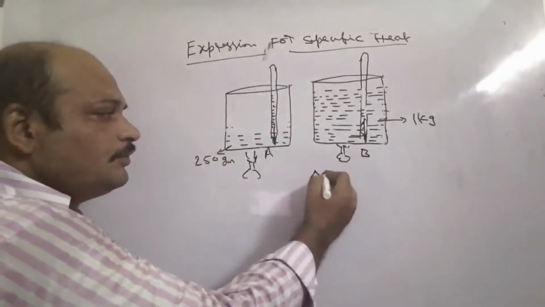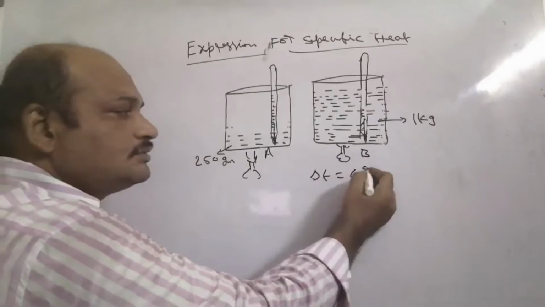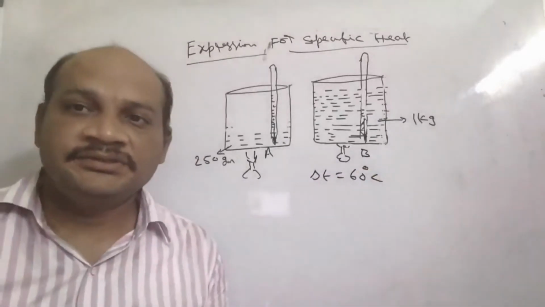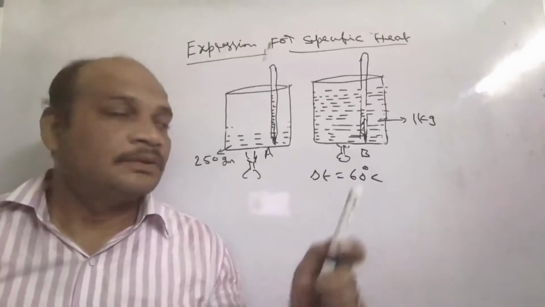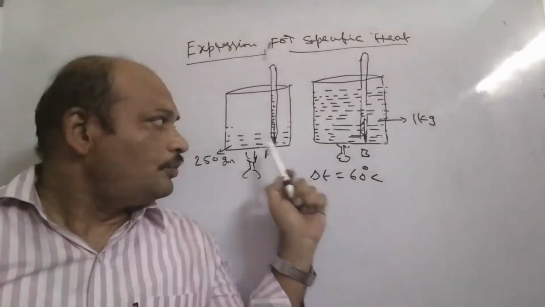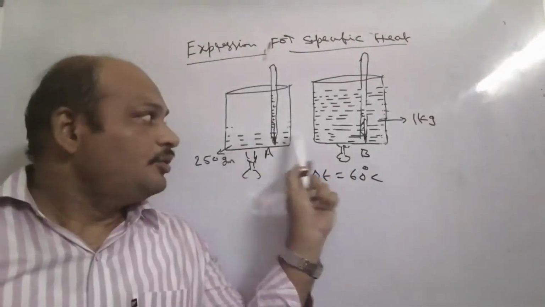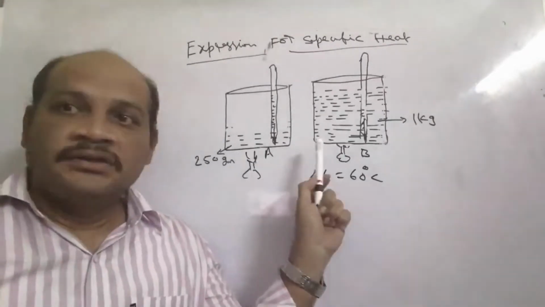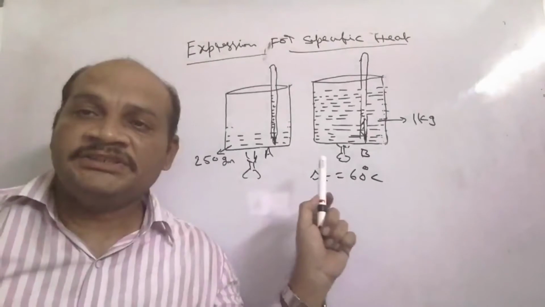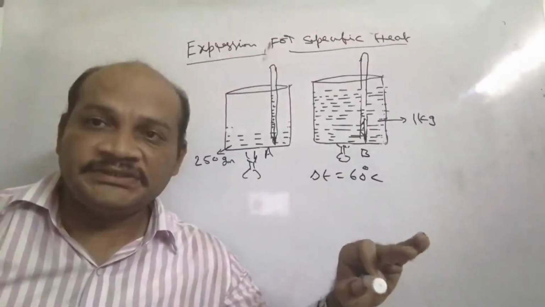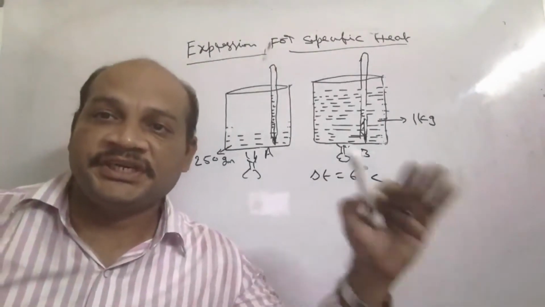For example, a temperature difference of 60 degrees centigrade. We give heat continuously to both beakers till the temperature difference reaches 60 degrees centigrade.